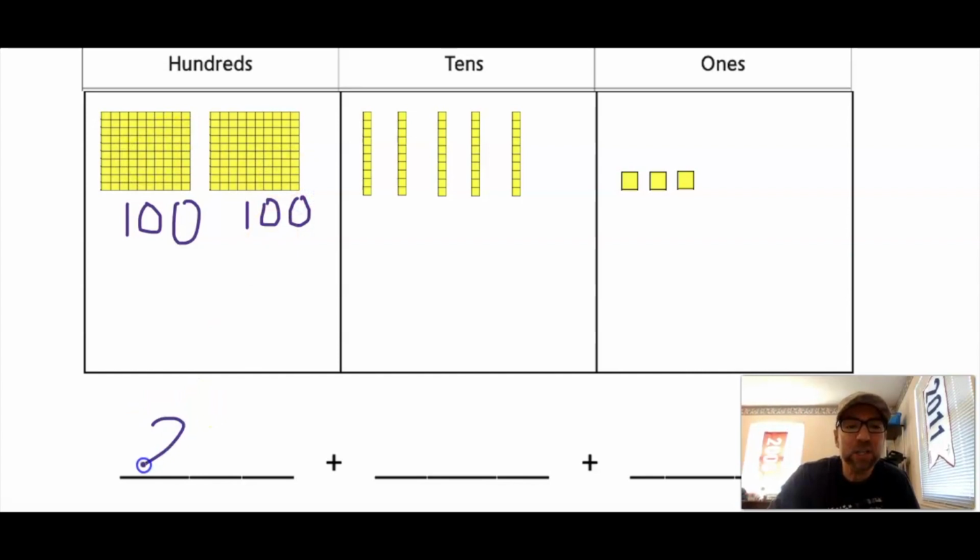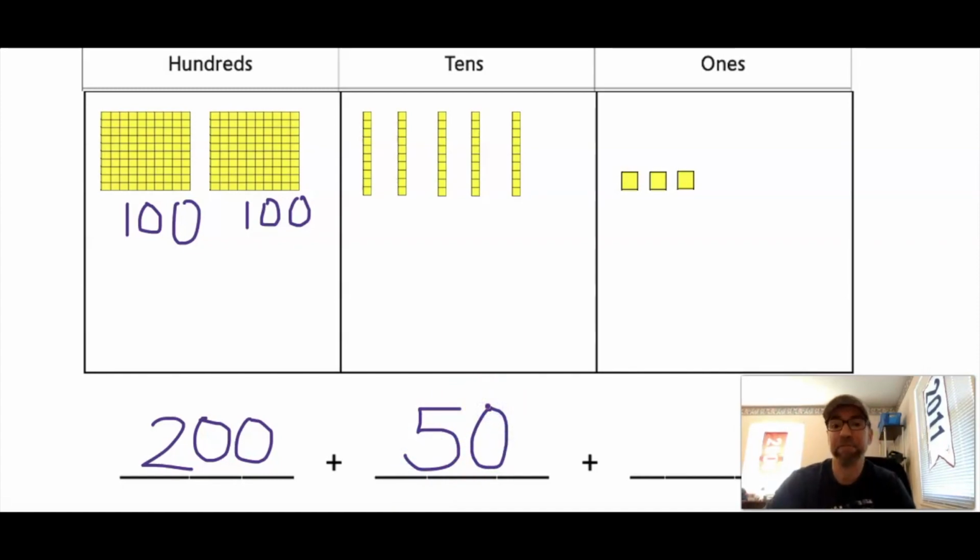So I'm going to write 200 on that very first line, under my hundreds box. In the middle, I have my longs, and I want to count by tens: 10, 20, 30, 40, 50. So on my second line in the middle, I'm going to write 50.